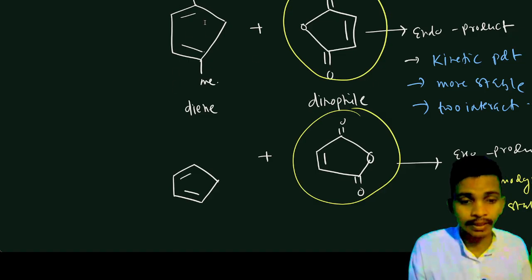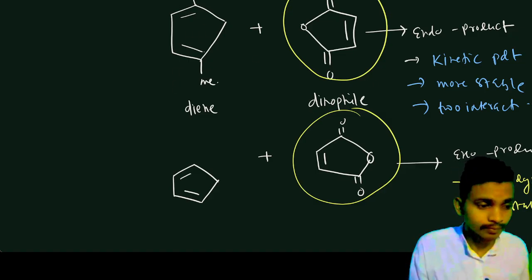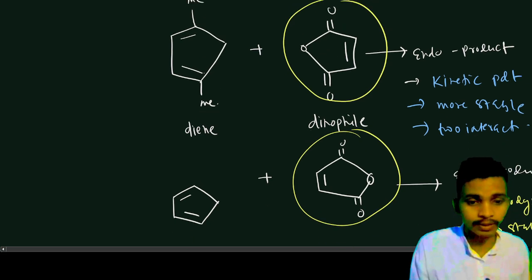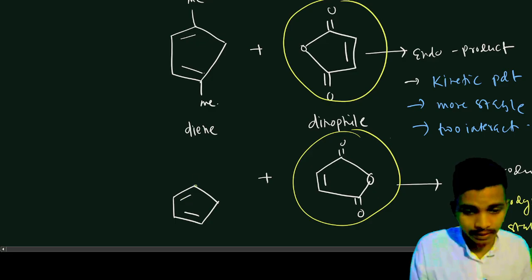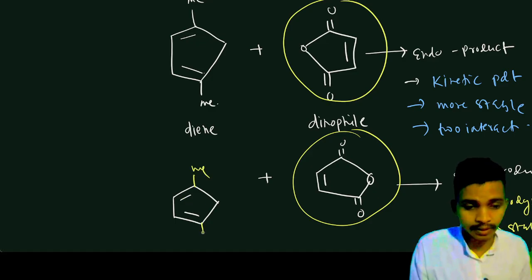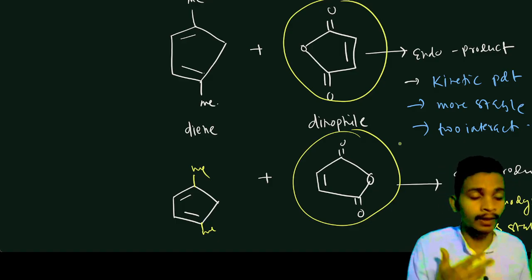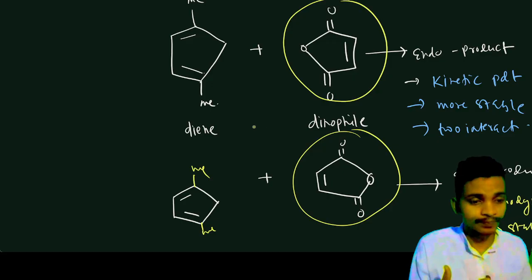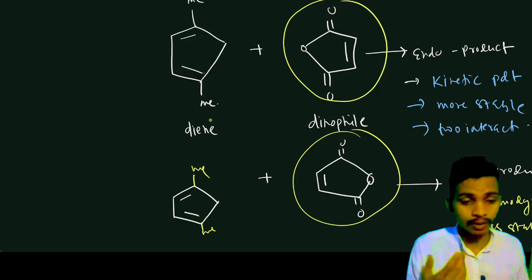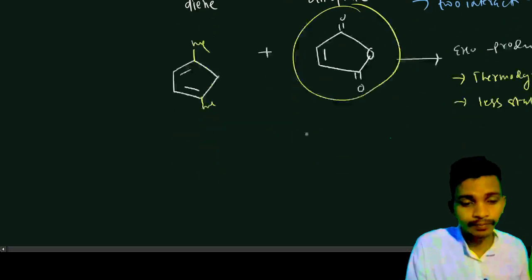Here the diene orientation is this, and here also the same. This double bond, let's say methyl is there here and also here, so the diene orientation is the same, but the dienophile orientation will change. So according to the change in the dienophile orientation, the stereochemistry of the product will also change.